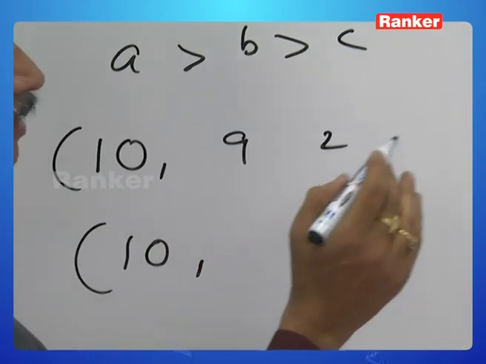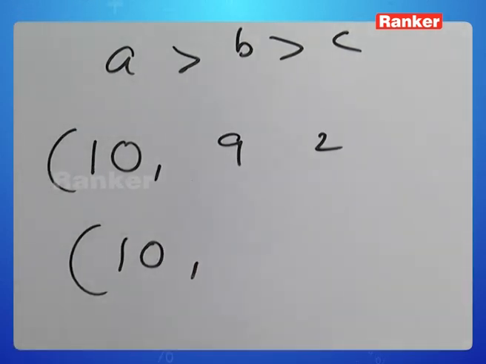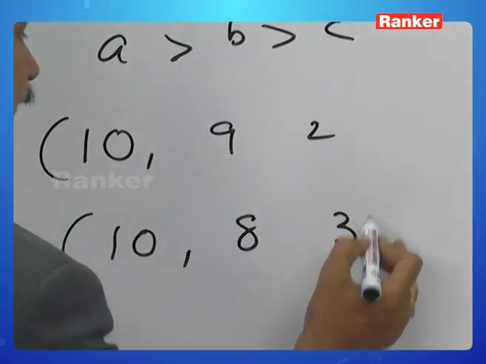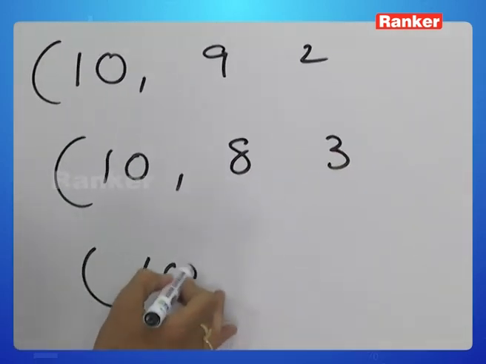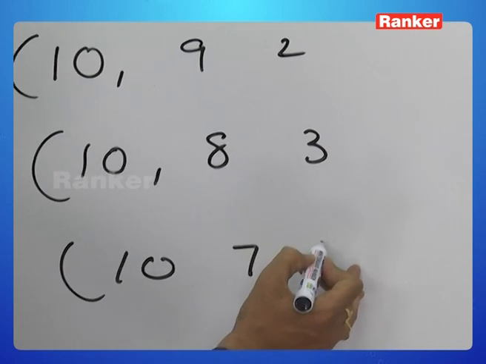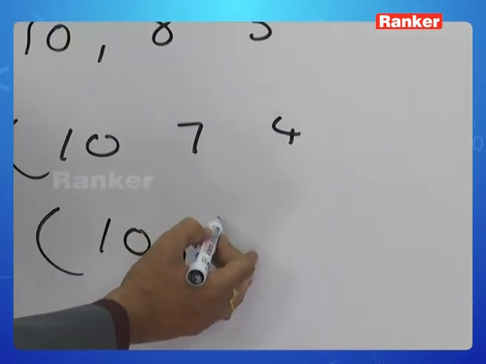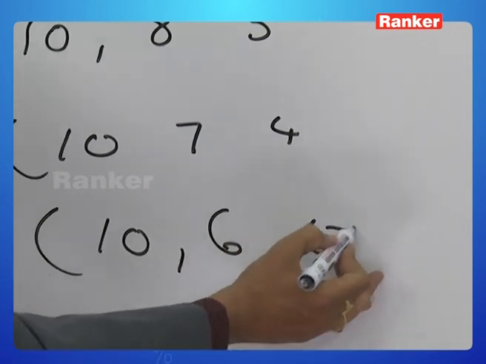A plus B plus C is 21, isn't it? 10, 8, 3. 10, 7, 4. 10, 6, 5.